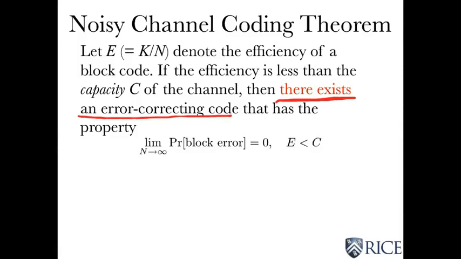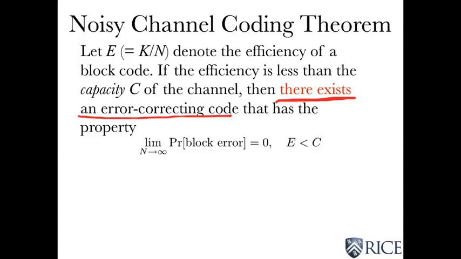There are two candidates out there that are being studied today, and they come very close to the so-called capacity limit, but no one's proven that they can satisfy the noisy channel coding theorem. Shannon's proof of the noisy channel coding theorem is fine. There's nothing wrong with it. It's just that it is not what we call constructive. It doesn't give you an example. The proof of it did not use an example code. It was proven a different way. So we still don't know what the code is.